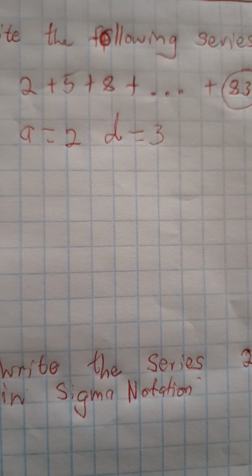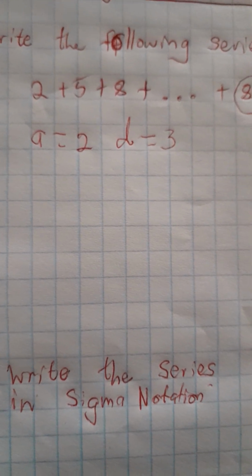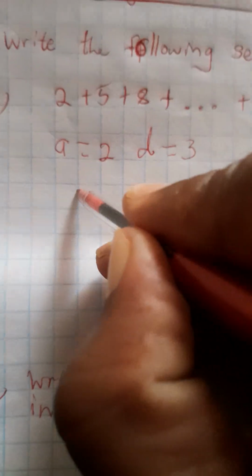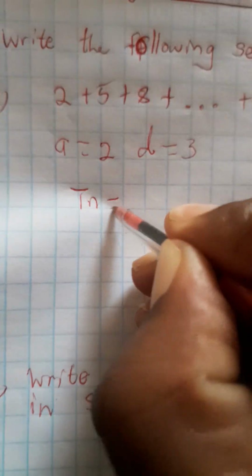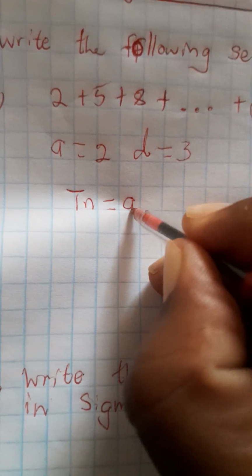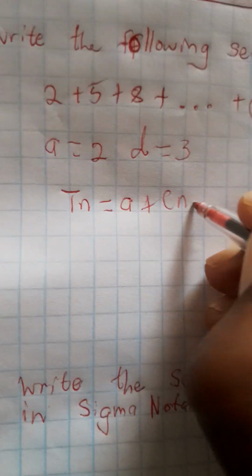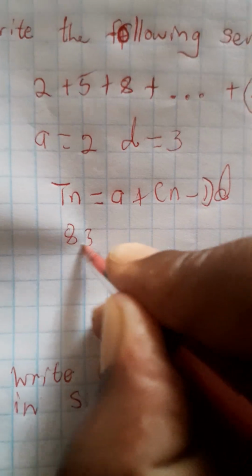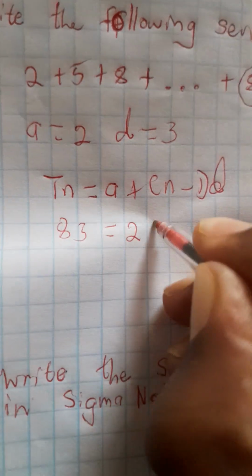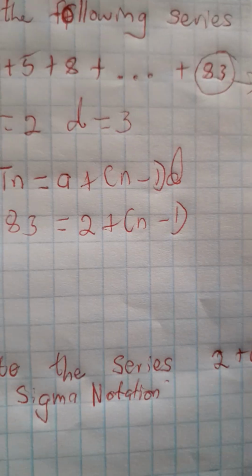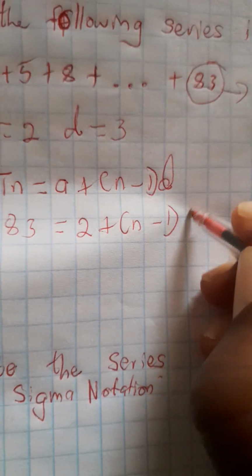So we are going to write this in sigma notation. Let's first use the general term so that we know the number of terms. Tn equals a plus n minus 1 times d. The last term is given as 83. The first term is 2, plus n minus 1, in which we're looking for n. Then d is 3.